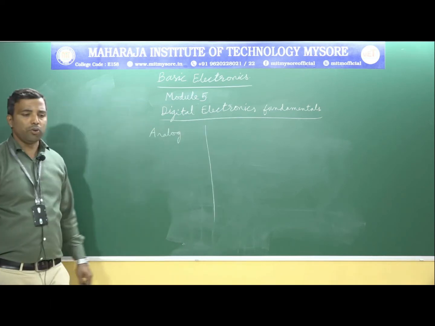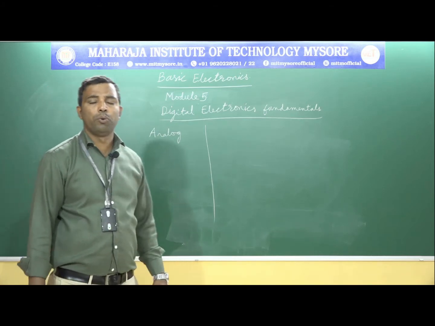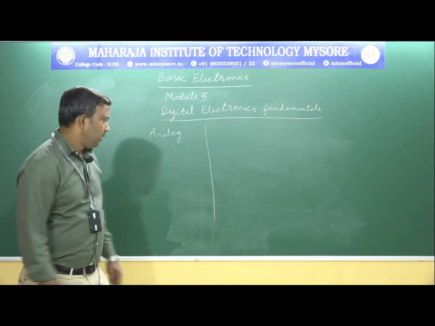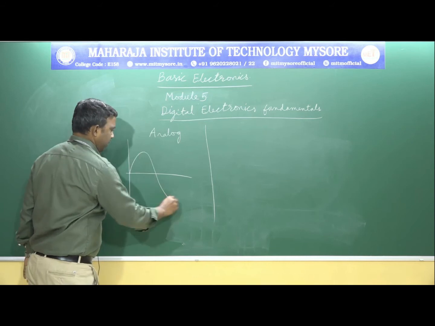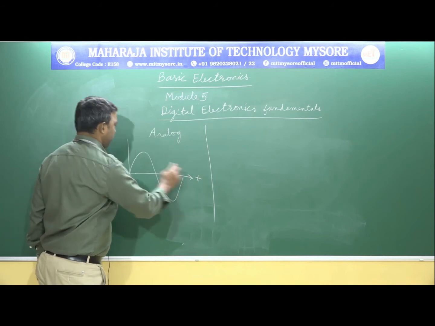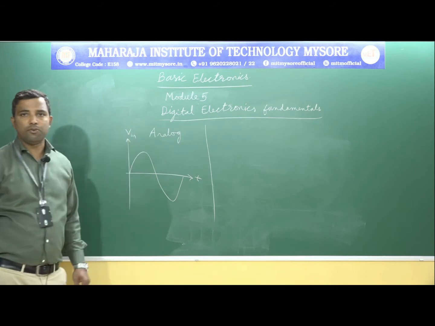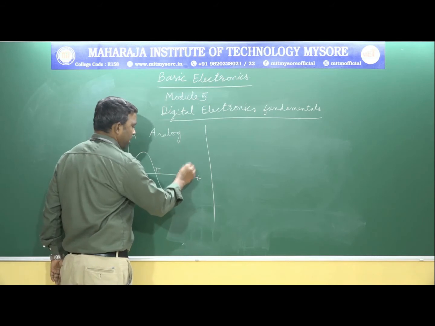Analog means the sinusoidal input voltages or output voltages. Those are called analog. For example, a sine wave with respect to time, this is the input voltage, with 0, pi, 2 pi.